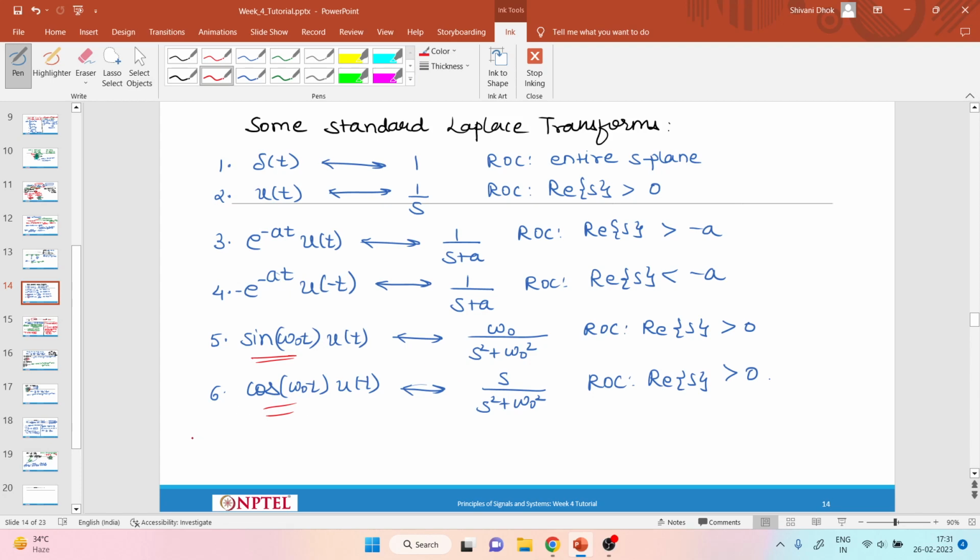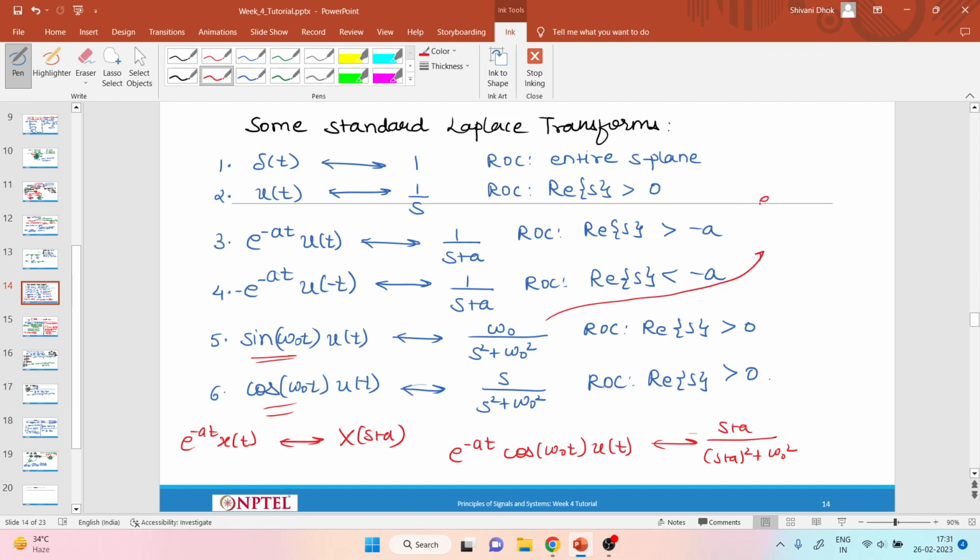And if I use the property that e^(-at) x(t) has a Laplace transform X(s + a), that is the shift in s domain property, then e^(-at) cos(ω₀t) u(t) has a Laplace transform (s + a)/((s + a)² + ω₀²). Similarly, e^(-at) sin(ω₀t) u(t) has a Laplace transform ω₀/((s + a)² + ω₀²).